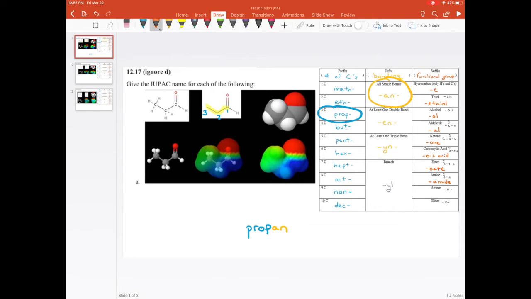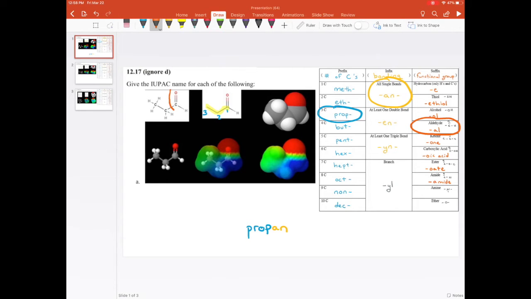We do have a functional group, and the signal for that, if there weren't any other, is that you have the symbol for an element other than hydrogen or carbon in this. And so what we have is a carbon double bonded to oxygen, single bonded to hydrogen, and that is an aldehyde.